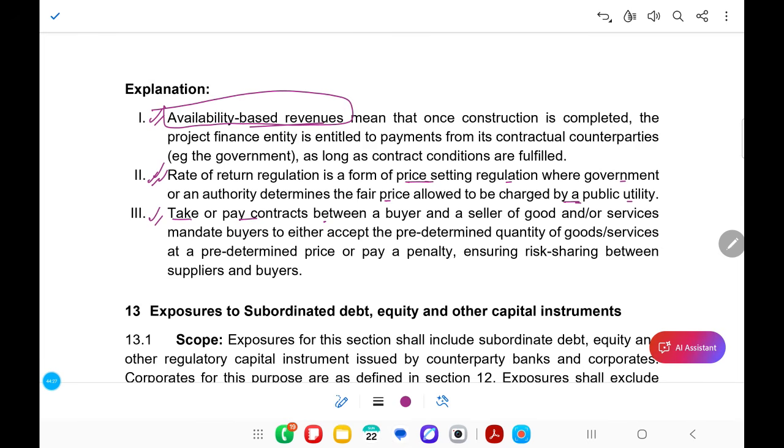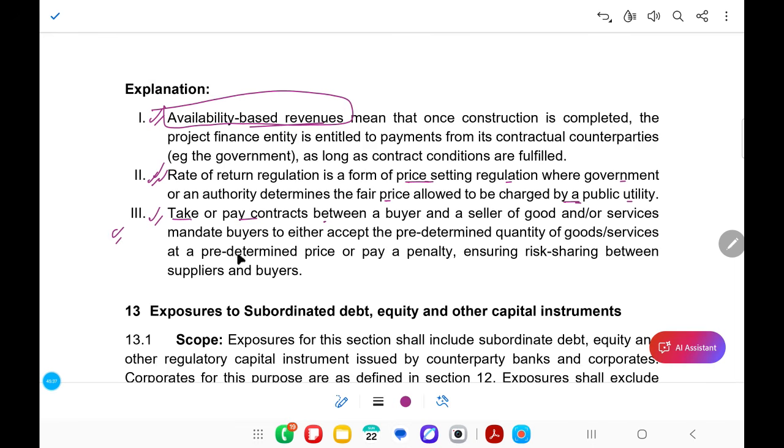In simple terms, the buyer is essentially saying, I will buy this exact amount from you, and if I end up not needing it, I will pay you a fine anyway. This setup ensures that the financial risk is shared between the supplier and the buyer. Okay, I think it is clear.